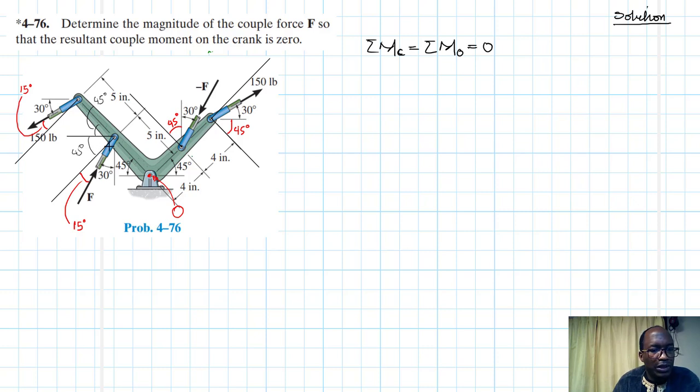I feel this for me is a little bit faster, but if this is not okay for you, you can get components in your X and Y axes, and then you need also the lever arms and so on. I'm trying to avoid the tedious work of finding the lever arms, which can be found, not that it's impossible.